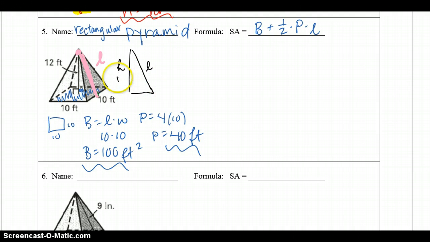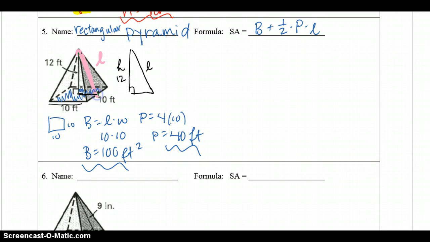And we know that the height is 12 feet. What about the bottom of my right triangle here? 5 feet. Why would it be 5? Because it's half, right? It's going from the center of the base to the edge. And we know that the distance going across the whole base is 10.